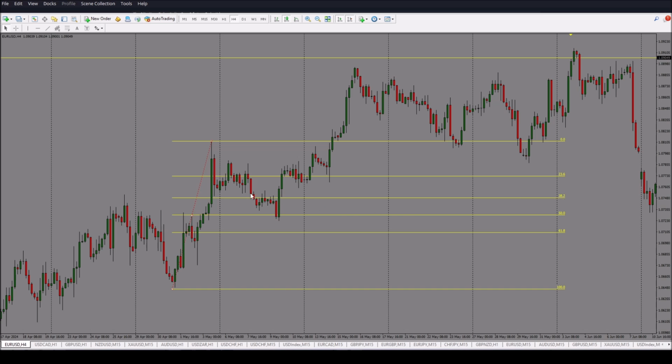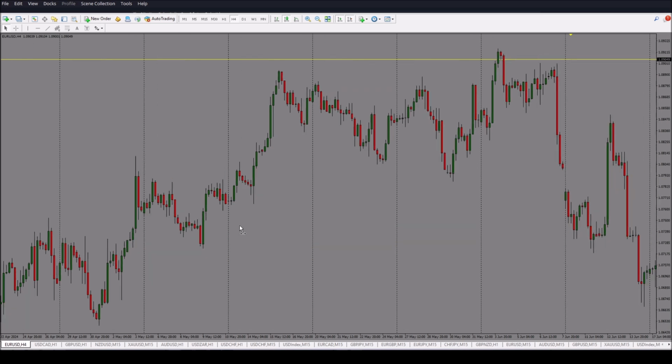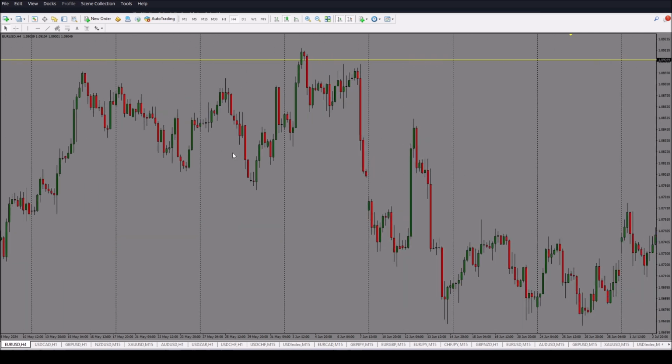In this case, we can see they never closed above at first. They later closed above 38.2 with this spike candle. This is where market makers were introducing their positions within the market, and the market went right to the upside like that. As you can see, this is something that is highly accurate.